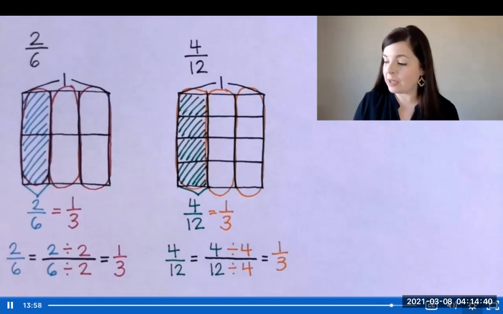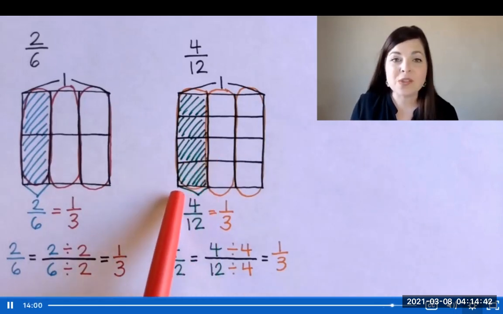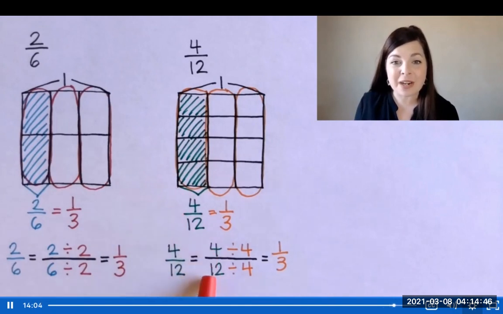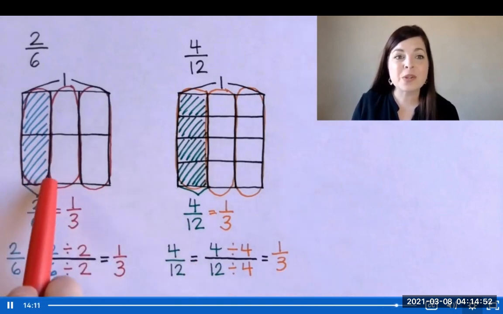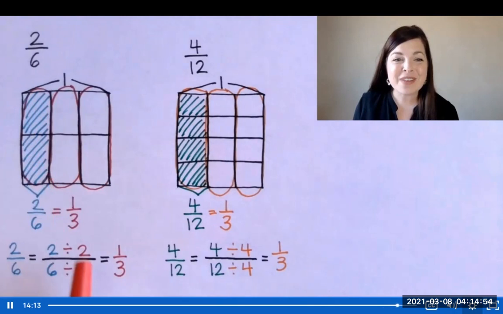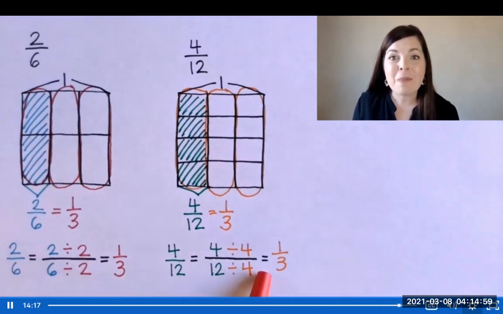Or maybe you were thinking that in 4/12 we composed groups of 4, so we divided the numerator and the denominator by 4 to compose the fraction 1/3. But in 2/6 we composed groups of 2, so we divided the numerator and the denominator by 2 to compose the fraction 1/3. But for both of them, we composed the same unit fraction.